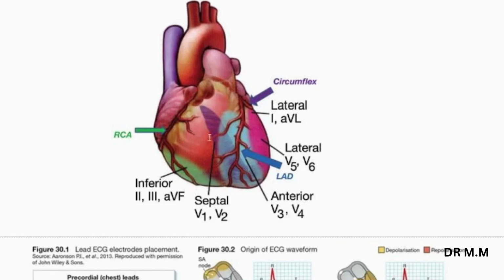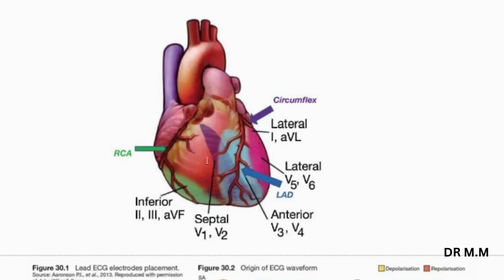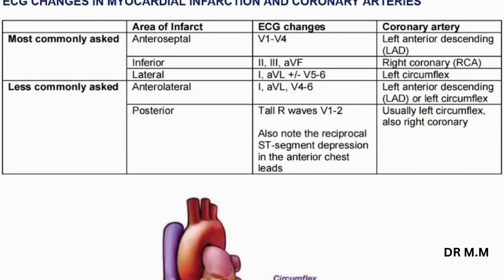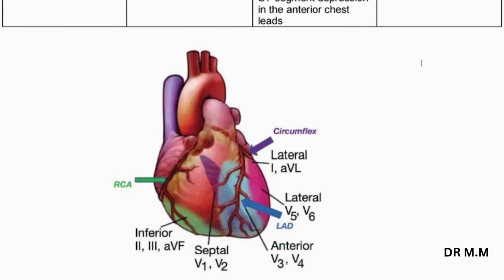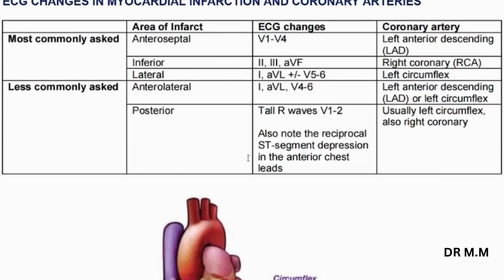If the patient has inferior MI, we must look at the change in leads 2, 3 and AVF, and the involved artery is the right coronary artery. As we can see, the right coronary artery is supplying the inferior part of the heart, and it is involved in inferior MI.